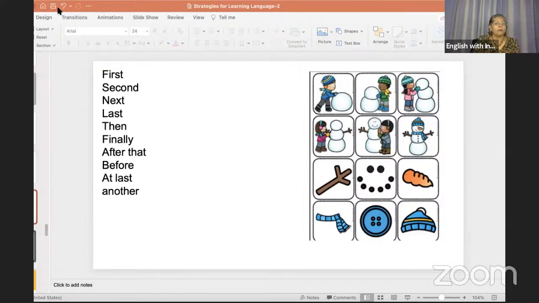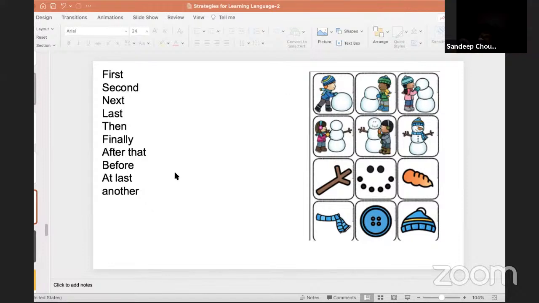Everything happens in a sequence. So that's what you need to practice. Does anyone have any question about this sequence? We will be practicing more activities in sequential order in many different forms.